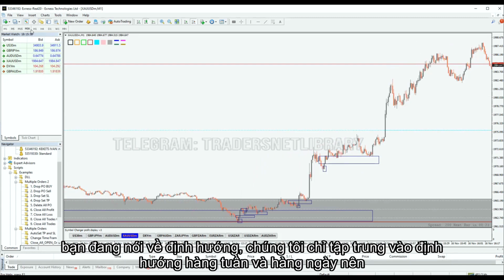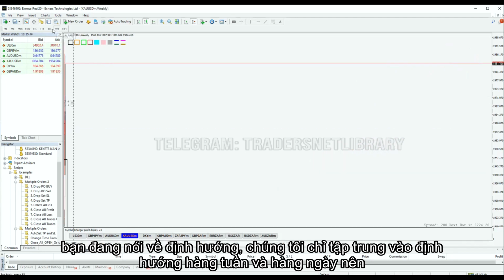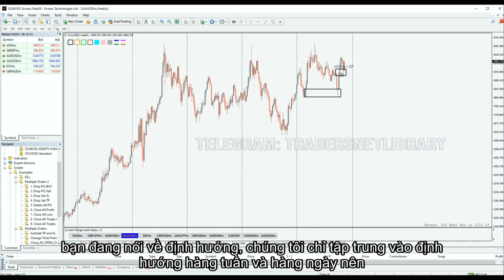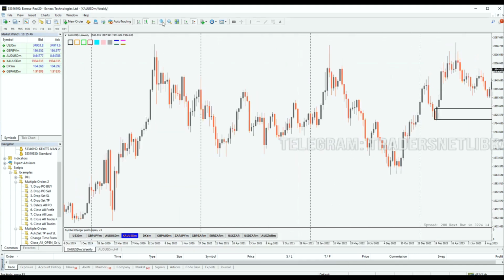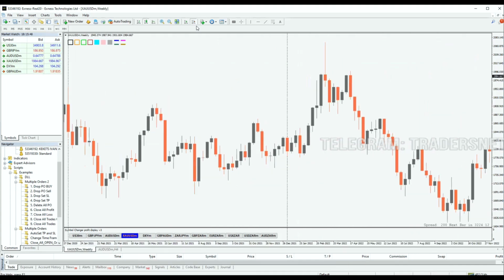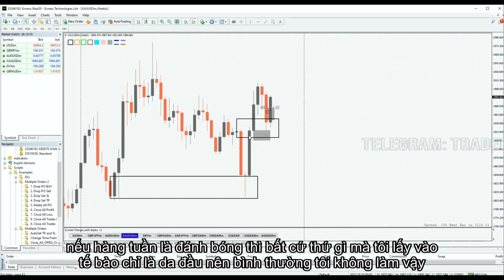So you were talking about direction. Direction, we only focus on direction on weekly and daily. If weekly is bullish, whatever sell entry I take is just a scalp.